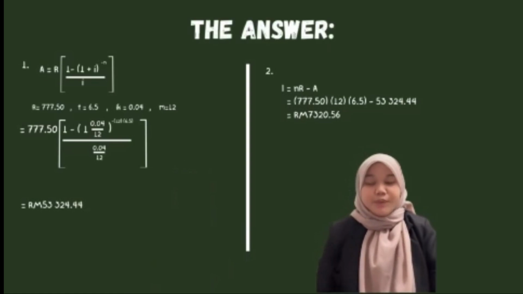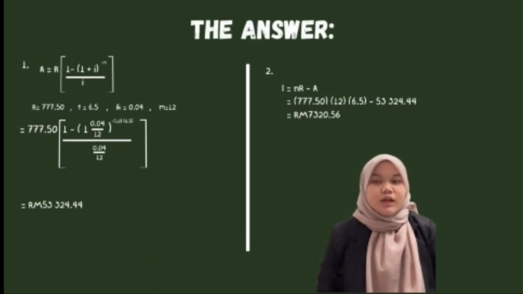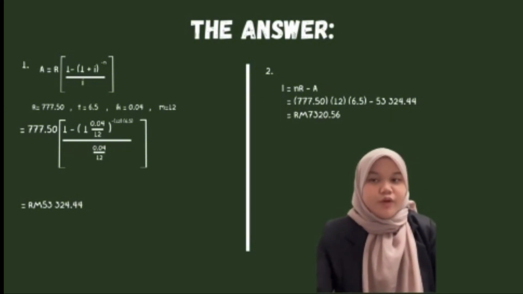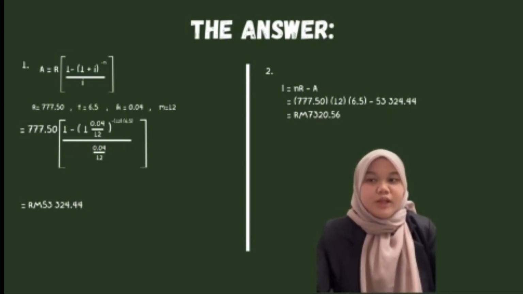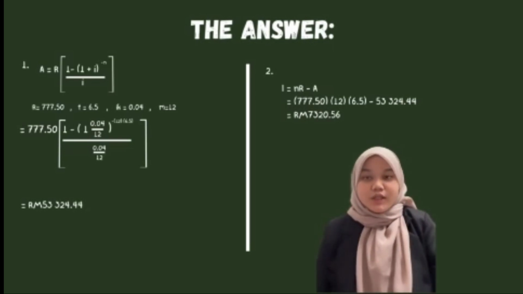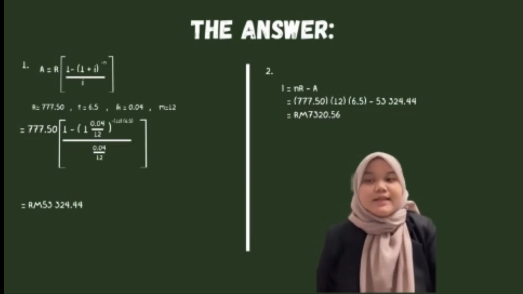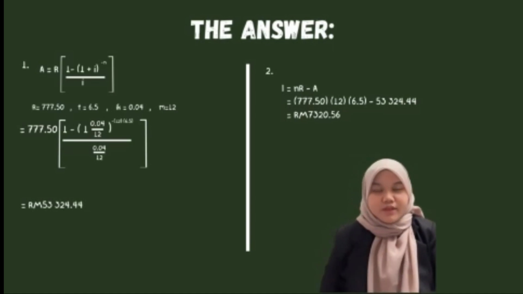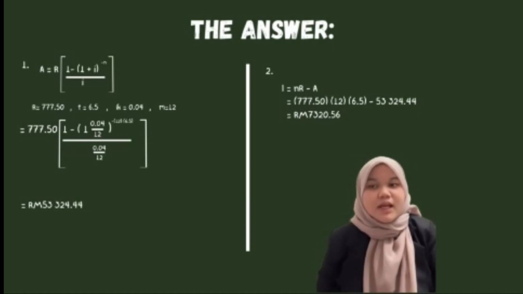Question number 2 is to calculate the amount that Fadlin needs to pay. I am going to use the present value of an annuity formula, which is NR minus A. That is 777 ringgit 50 cents, multiplied by 12 and multiplied by 6.5.